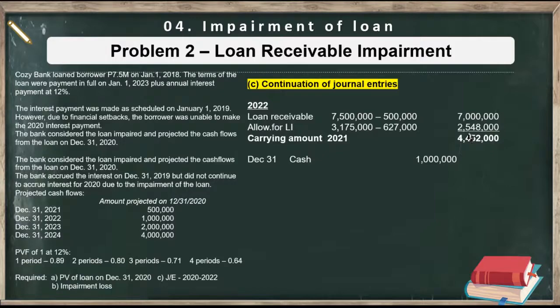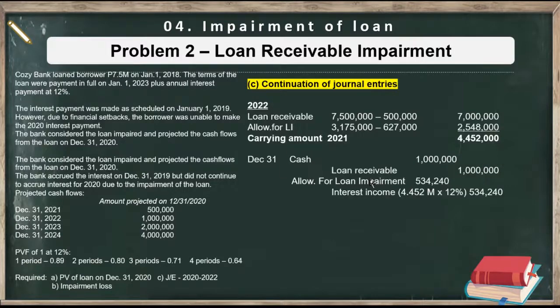So this would be 2,548,000. So the carrying amount would be 4,452,000. So the entry would be cash, 1 million for the collection of the loan receivable, and then another entry for the allowance for loan impairment. So that's 534,140. That's 12% of the carrying amount we computed, 4,452,000.